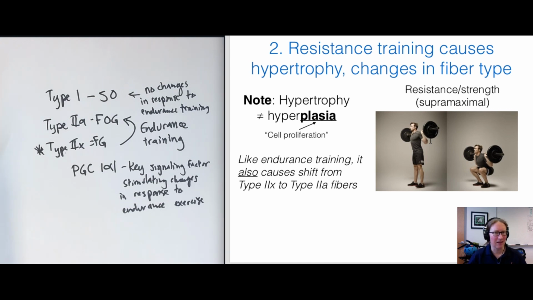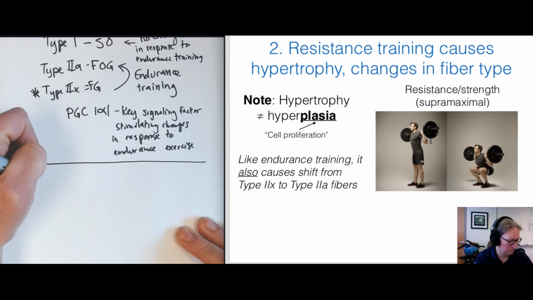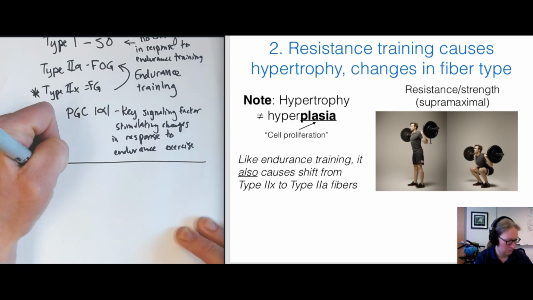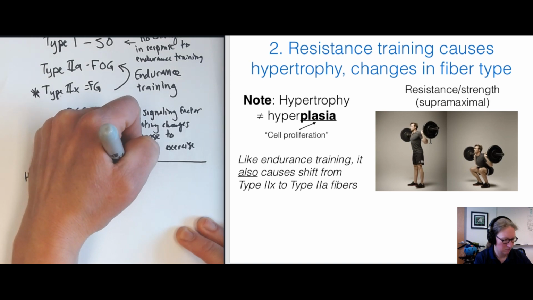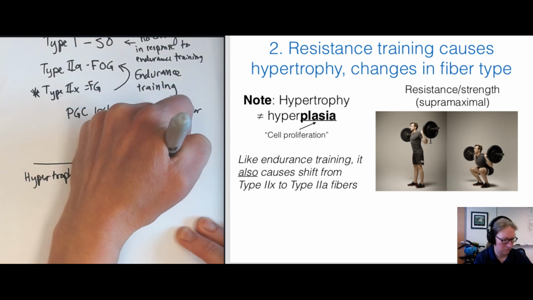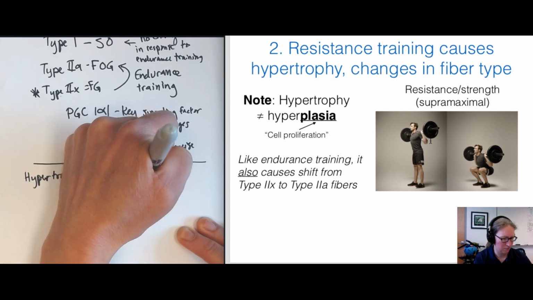And I want to highlight that the hypertrophy that is observed in response to resistance or strength training is not the same thing as hyperplasia. So hypertrophy refers to an increase in muscle size or muscle mass, but not the number of muscle cells.